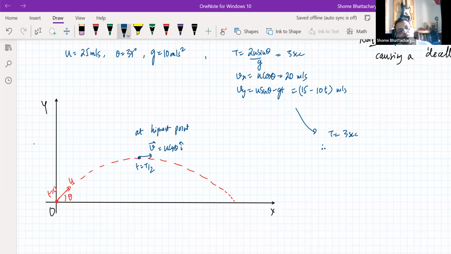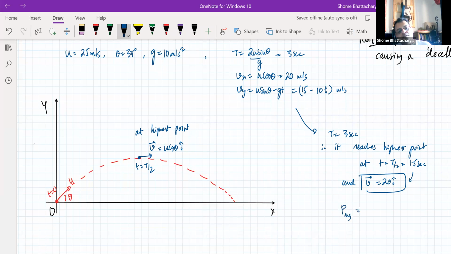Therefore, it reaches the highest point at 1.5 seconds, and the velocity of the particle at that moment is horizontal. So the power developed by mg will be how much? It will be 0, because mg is a vertical force, so at that particular instant, there is a 90-degree relationship.